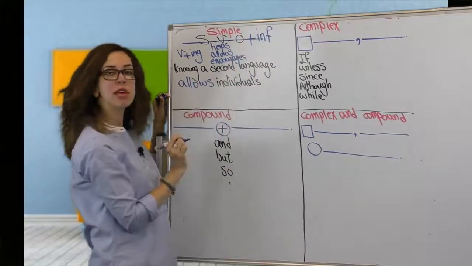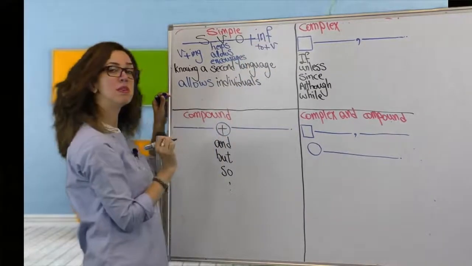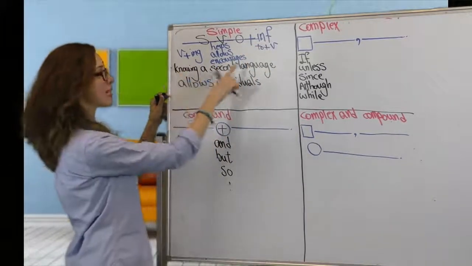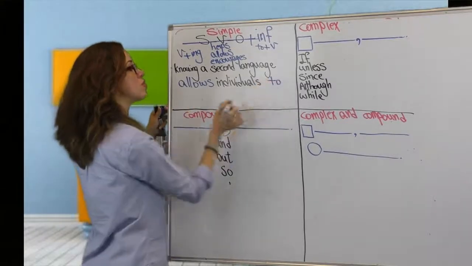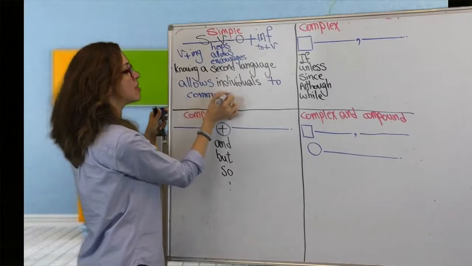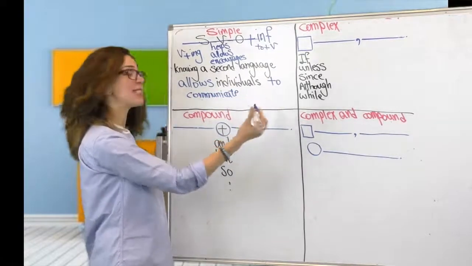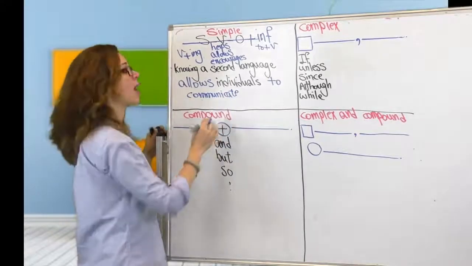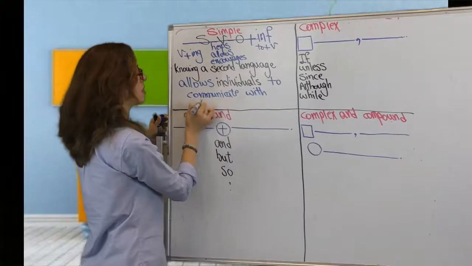infinitive. Infinitive is to plus verb. Knowing a second language allows individuals to communicate. Any other information that you would like to add to the sentence, you can add now. To communicate with others easily.